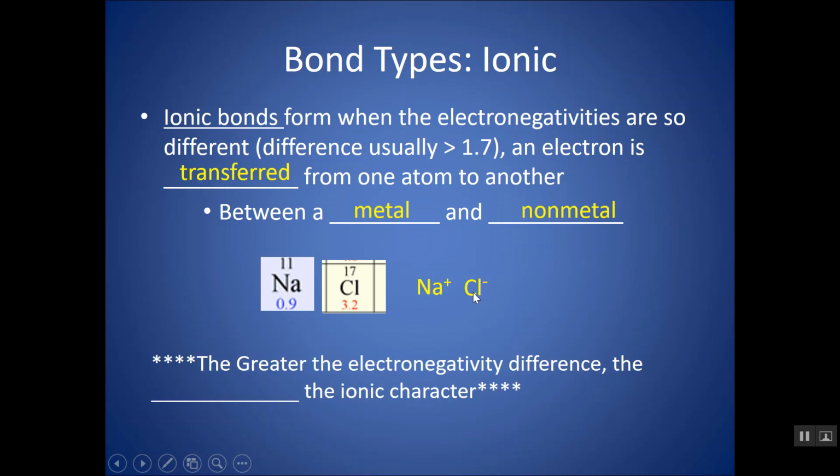They attract each other and form an ionic bond. The greater the electronegativity difference, the greater the ionic character. So for covalent bonds, the greater the electronegativity difference, the more polar the bond. For ionic compounds, the greater the electronegativity difference, the greater the ionic character.